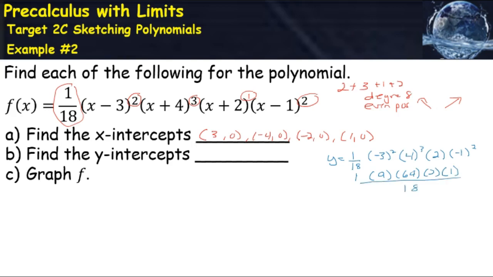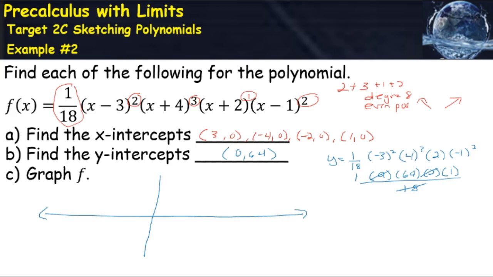Now I could do 9 times 64 and multiply by 2, but I can also cross cancel. I notice that 9 times 2 gives me 18, so the 18 in the numerator cancels with the 18 in the denominator. So my y-intercept is (0, 64), because 1 times 64 times 1 is 64.